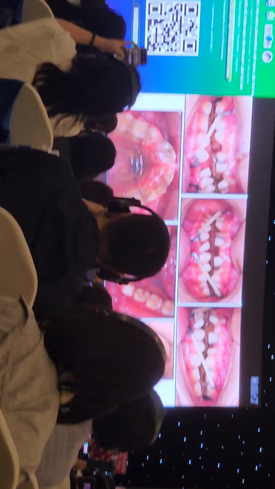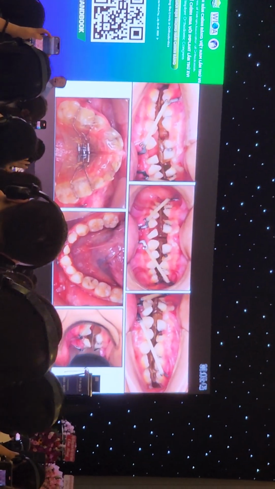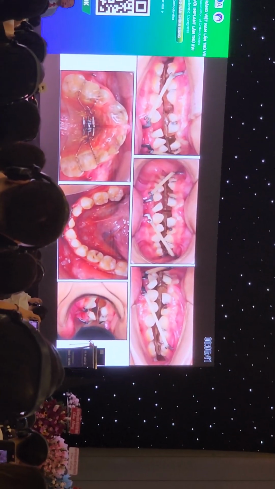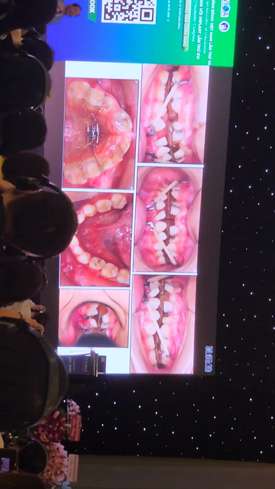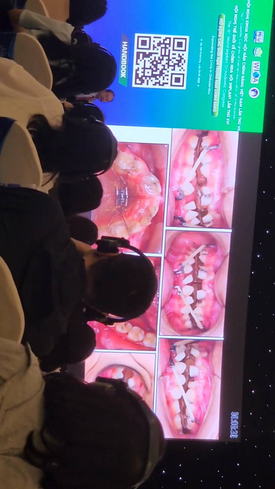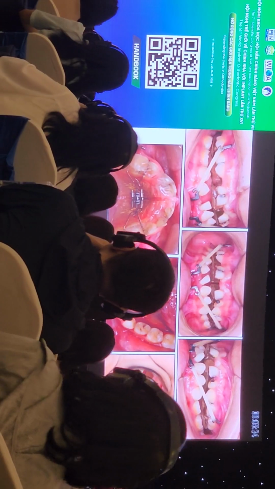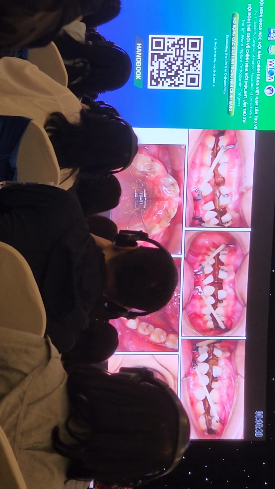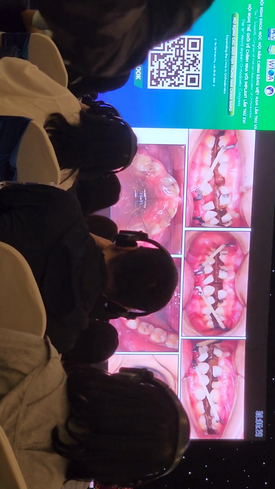Basically, this patient has an edentulous area, so you can actually put a few mini screws on the lower, and you can also put some sort of a MARPI appliance on the upper, but the patient only wears class 3 elastics 24 hours.